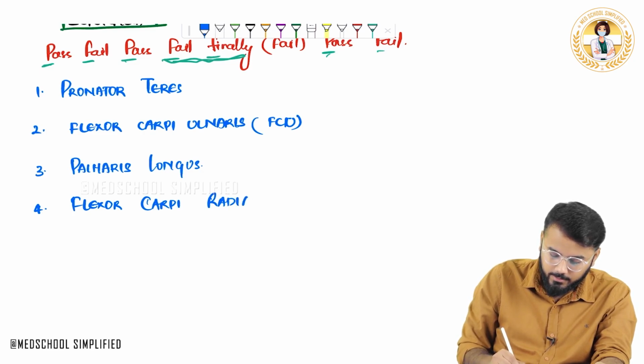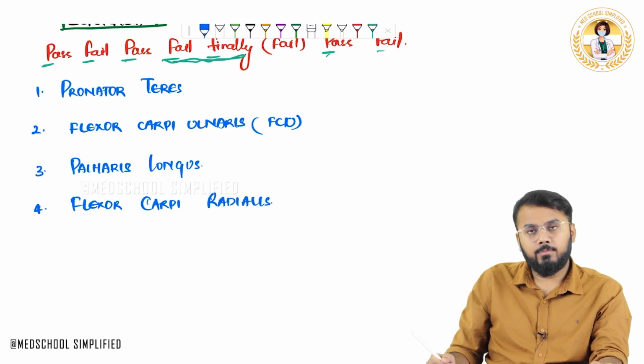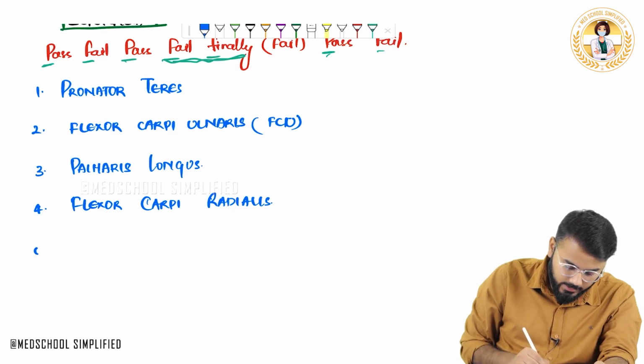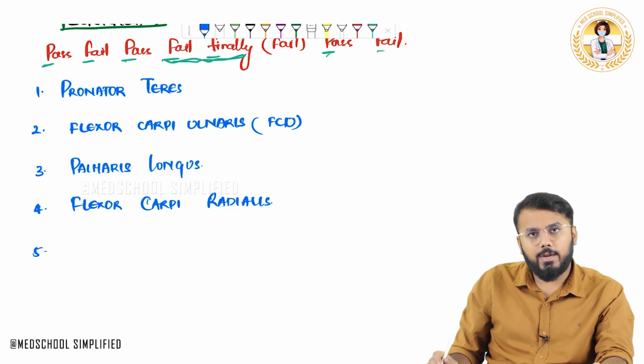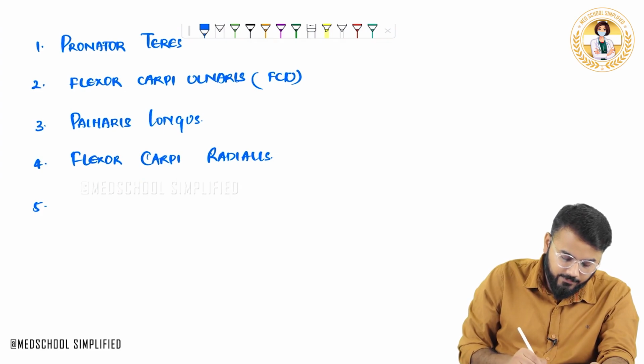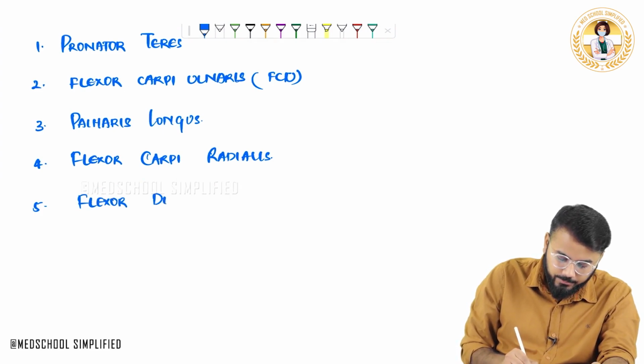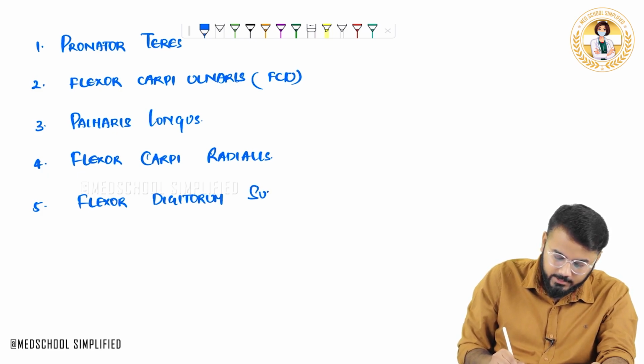Again after that you have one more F, I told you, right? This F is flexor digitorum superficialis.